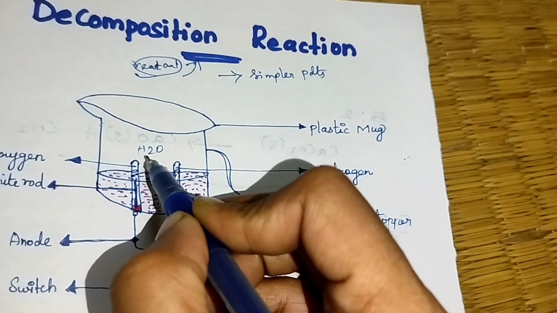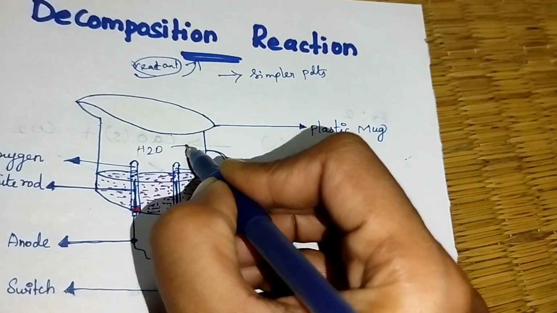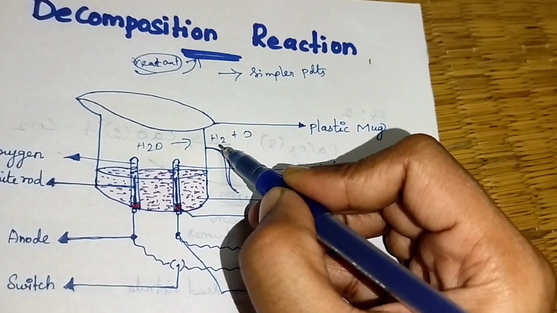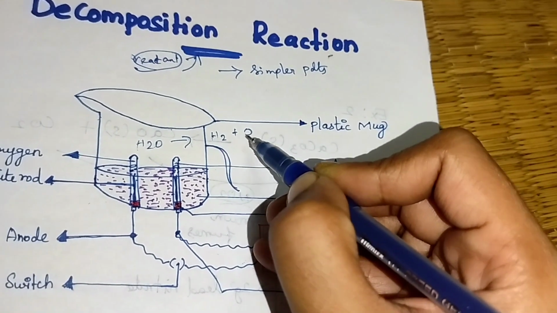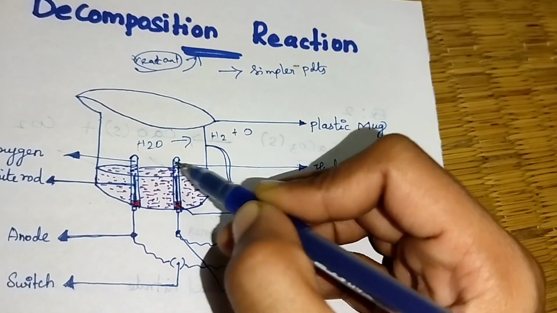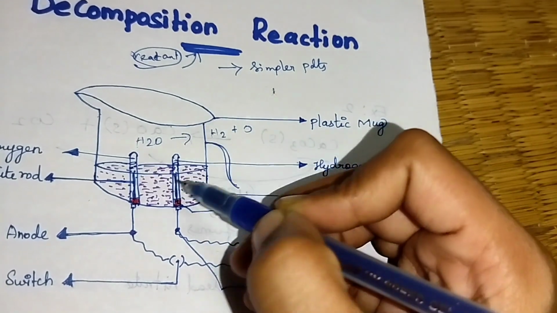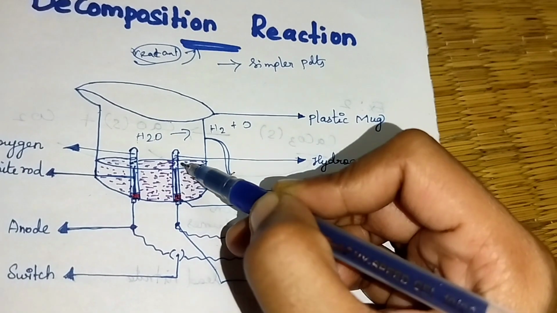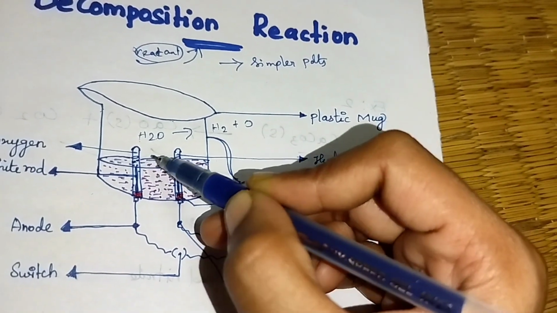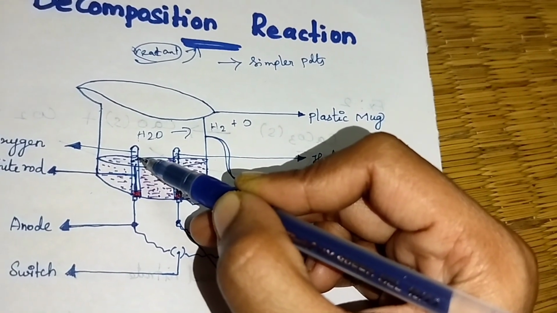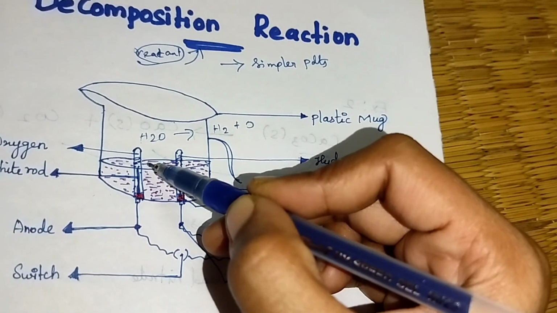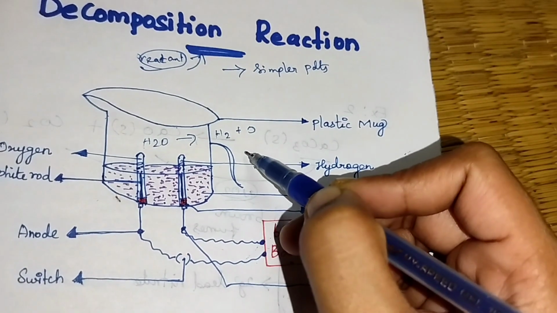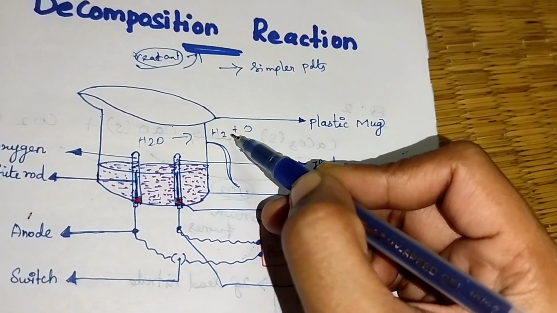This H2O is hydrolyzed into H2 and O: 2 molecules of hydrogen and 1 molecule of oxygen are produced. How do we confirm hydrogen and oxygen gases are formed? After the gases pass, I remove the test tube and keep its mouth near a flame. Then I confirm that the gases present are hydrogen and oxygen.